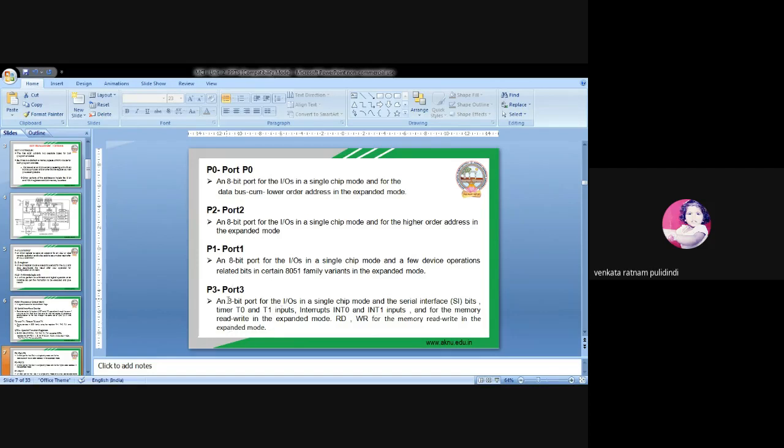It operates as IO lines as well as for some additional operations. Here it is used for serial interfacing bits, timers, interrupts, the interrupt 0 and interrupt 1 input lines, and sometimes for memory read and memory write, that is RD bar and WR bar for the memory operations. All these lines are connected along with the port 3 IO lines.